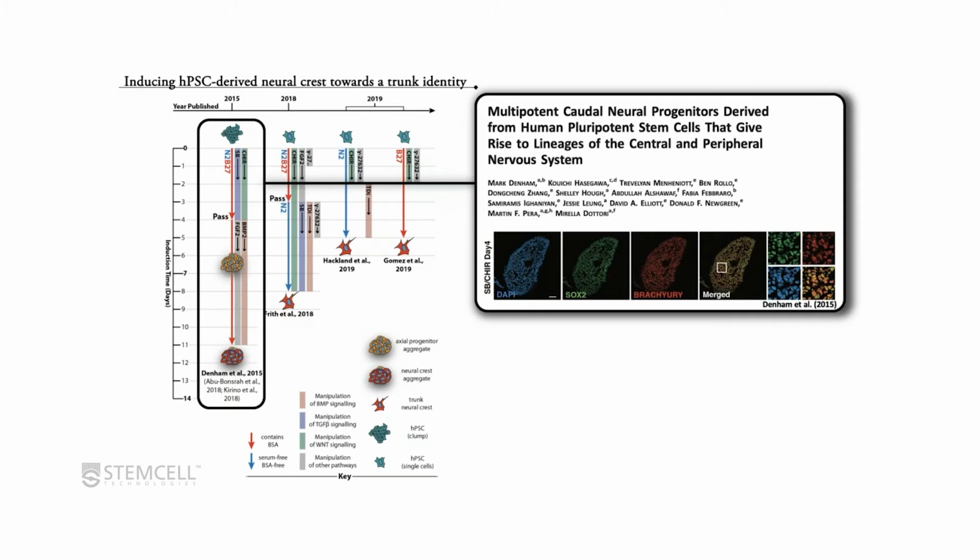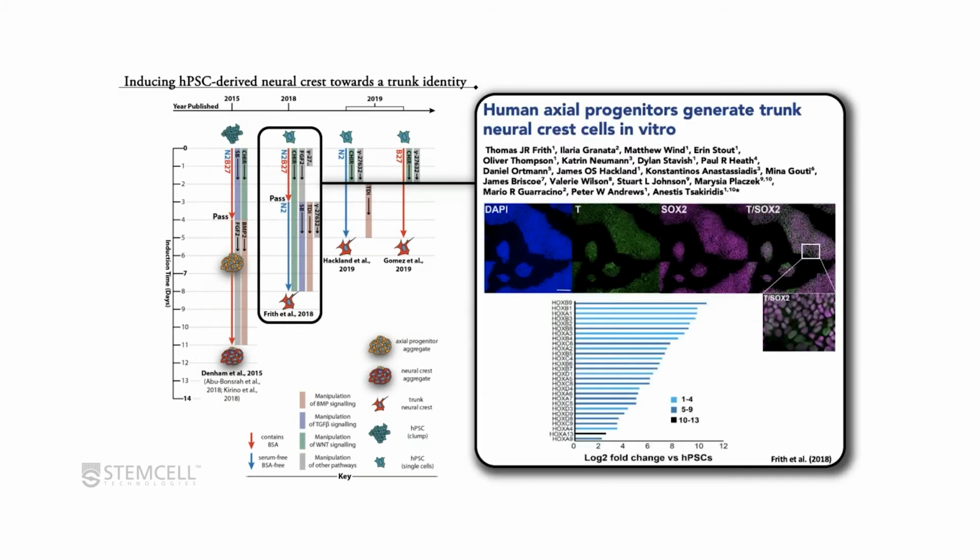Since this publication, the same approach has been used to generate neural crest derived sympathetic neurons and chromaffin cells. In 2018, Tom Frith and Anestis Tsakiridis adapted the approach originally published in 2014 by Gouti and Tsakiridis, which I showed you a couple of slides ago, to generate neural crest and to show conclusively that not only were these cells derived from a SOX2 brachyury co-positive axial progenitor-like cell, but they upregulate a whole host of trunk-associated HOX genes and are capable of generating trunk neural crest derivatives.